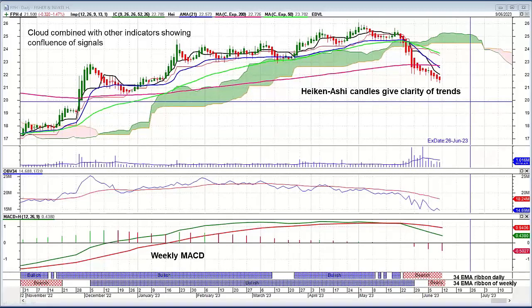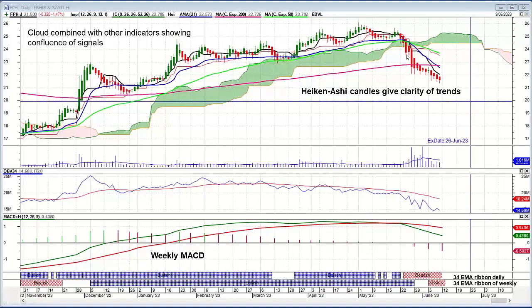And we bounce off the cloud with some support here. You'll notice that on-balance volume usually precedes price. So we see that the on-balance volume is weakening as the price gets closer to the cloud. And interesting here that on-balance volume's down, the MACD has crossed below. That's a 34 EMA ribbon.